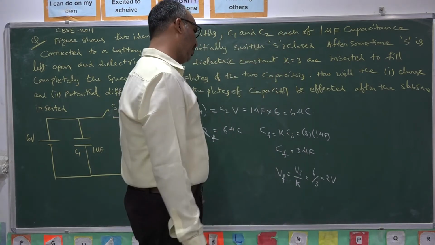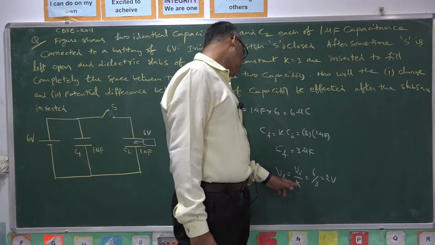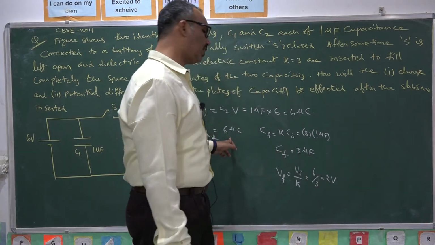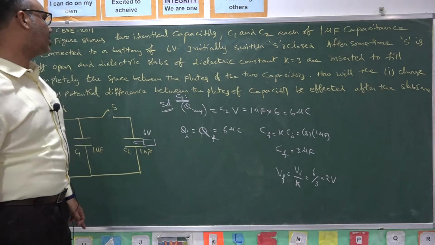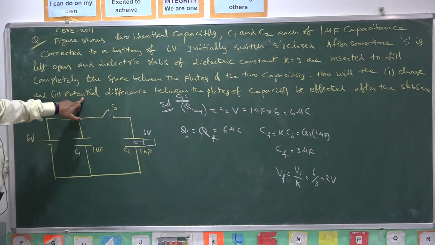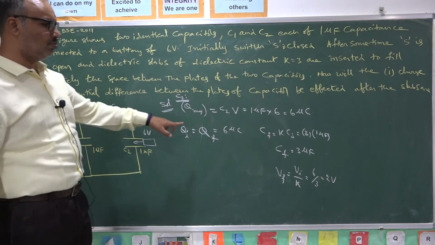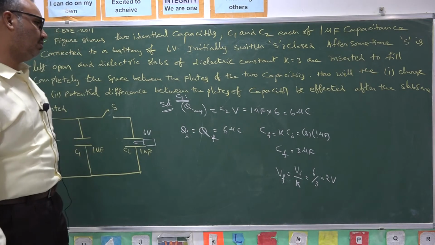If you multiply final capacitance into final potential, 3 into 2, you will get 6 microcoulomb. So it is verified. They are asking about the final potential difference and final charge, both of which I discussed in this part.